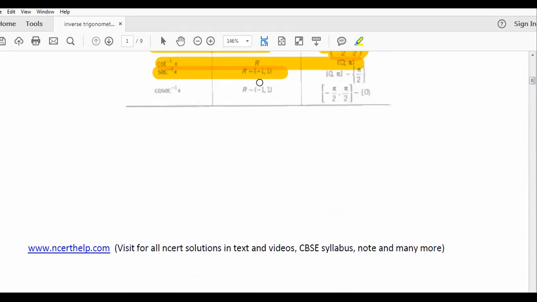But the range is 0 to pi except the point pi by 2, because at this point the function becomes undefined. Similarly, the secant function becomes undefined at -1 and 1. So our domain is the real numbers except the points -1 and 1, and the range is 0 to pi except the point pi by 2.